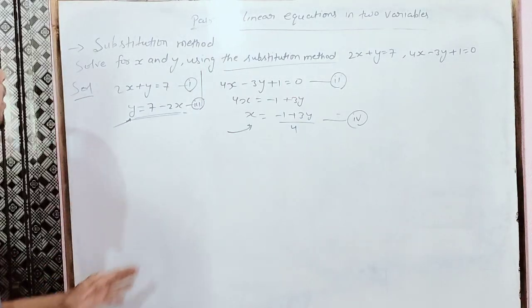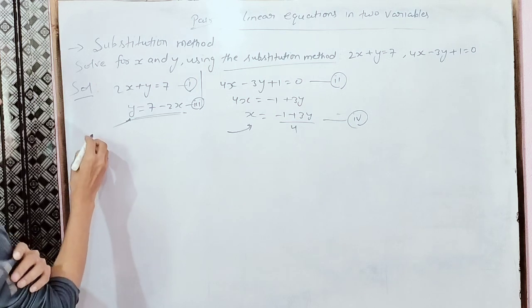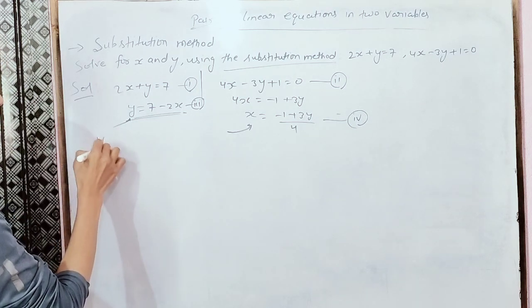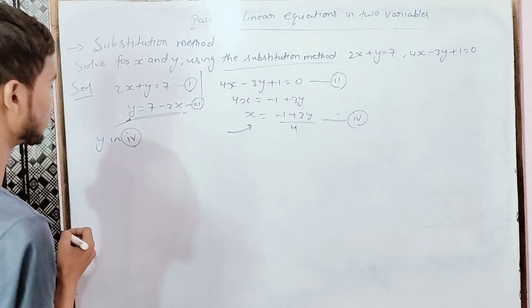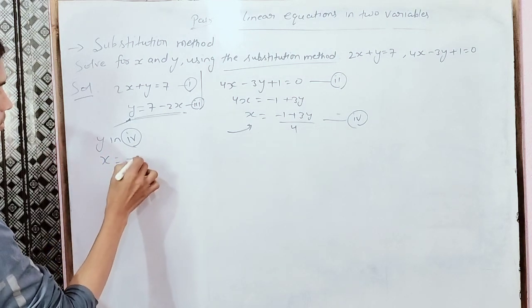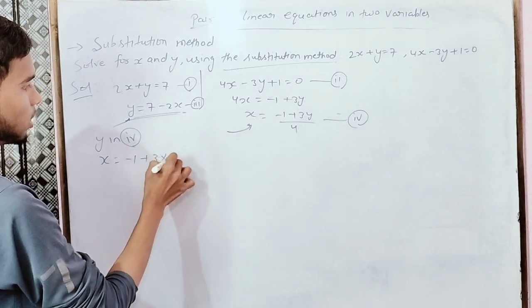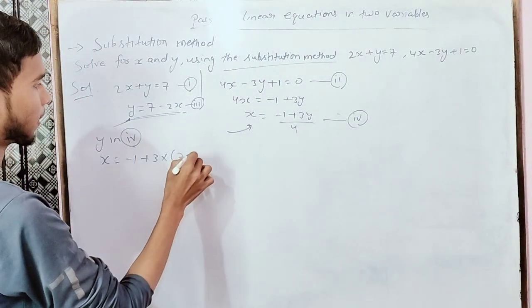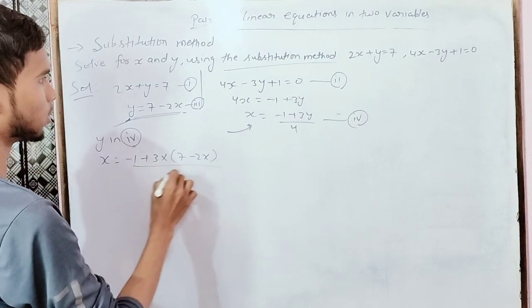So here we are putting y in the fourth. So x equals minus 1, plus 3 multiplied by, and this is 7 minus 2x, upon 4.